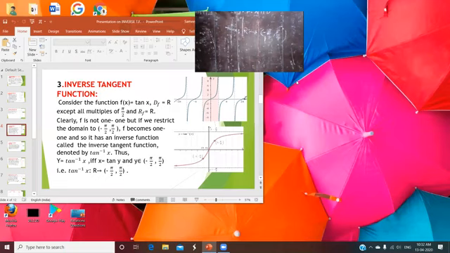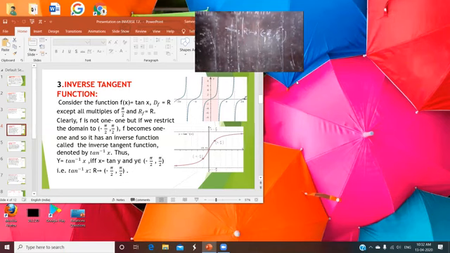Your upper portion of the curve is parallel to the line y equals pi by 2, and in the same way the line y equals minus pi by 2, where your curve extends to minus infinity. So in this way, your second figure gives the graph of tan inverse x.